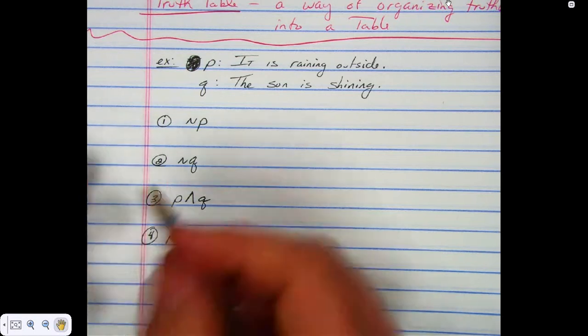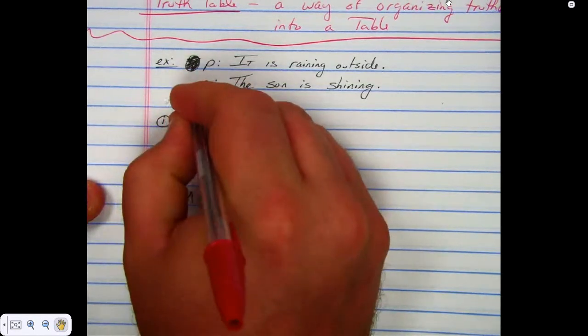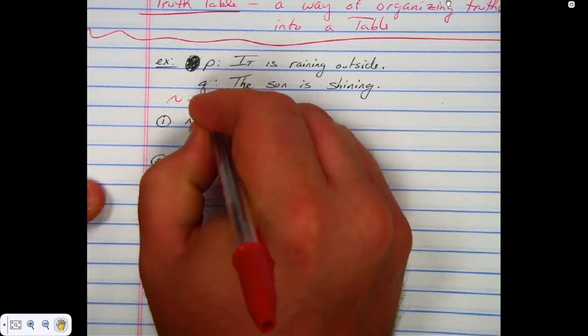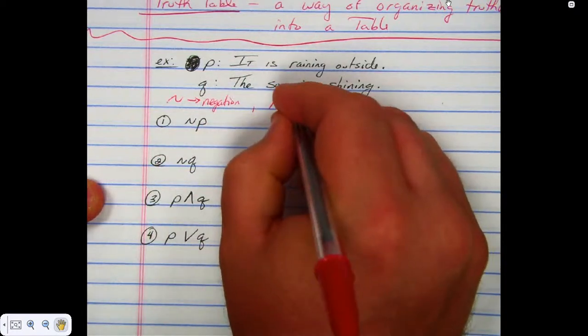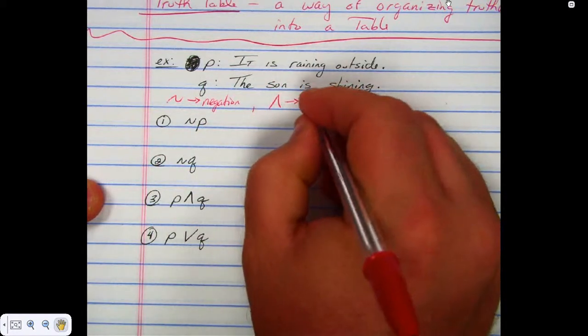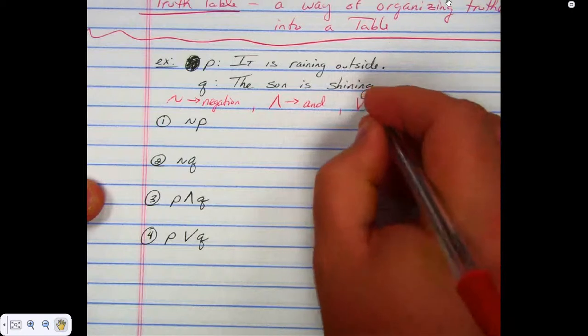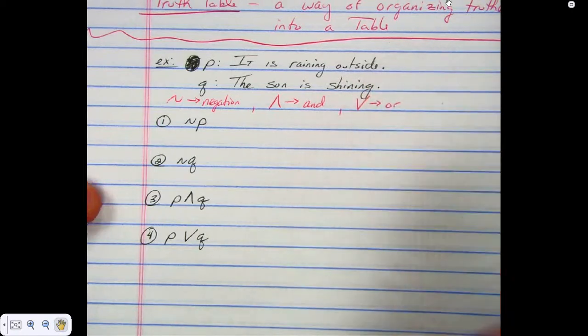To review, once again, what does this sign mean? Negation. Negation. What does this sign mean? And, right? What does this sign mean? Or. Don't make life harder than what it is.